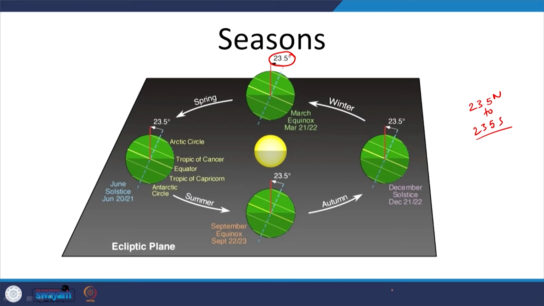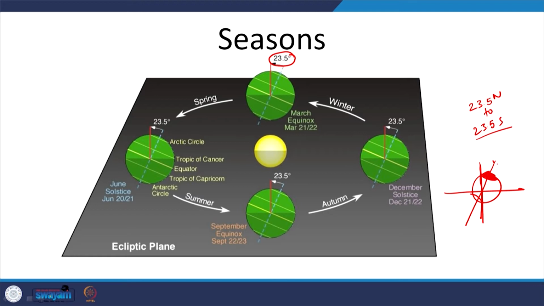What happens is, if you imagine the Earth, this is the pole, the circle. So this is the north-south axis, and this is the perpendicular axis with respect to the ecliptic plane. You will realize that at some points in time, the entire North Pole will be in a position as if it is facing away from the Sun.